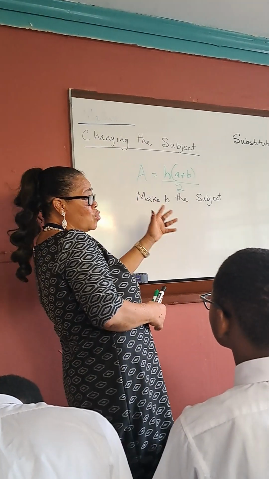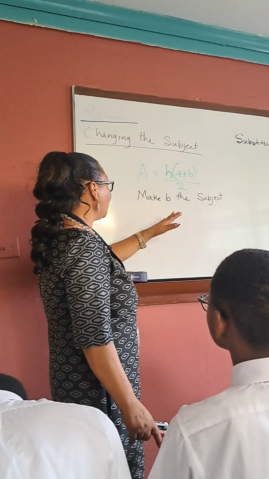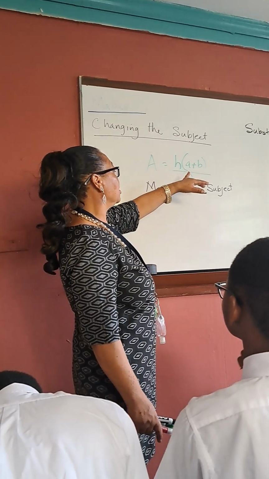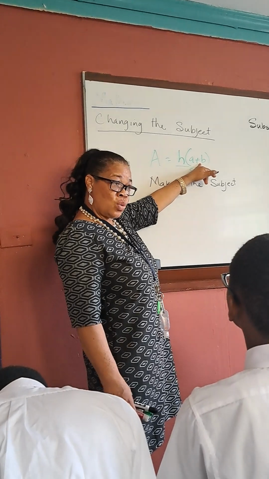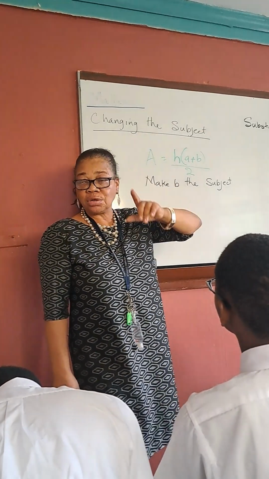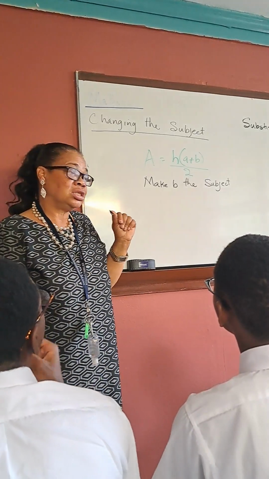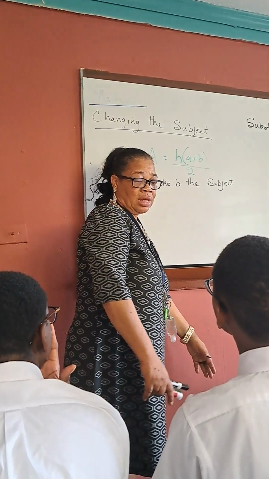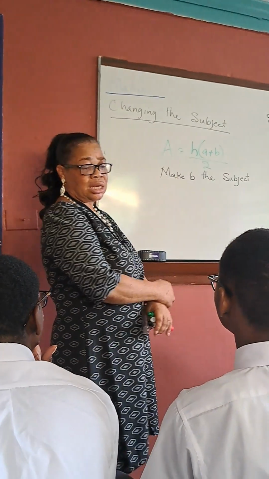So I'm going to move over everything. The aim here is that I'm going to move over everything until I'm eventually left with only B on this side, because B is supposed to be the subject. That's changing the subject. B is supposed to be left by itself. That's what happens when you're the subject. You stand alone.